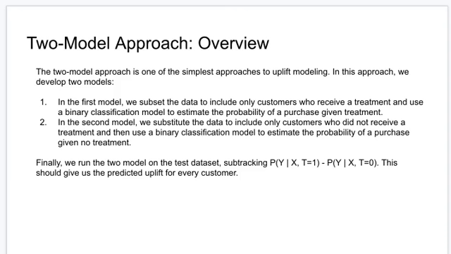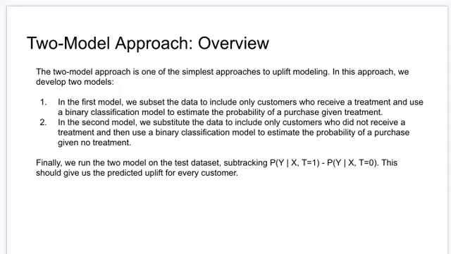As it sounds, you develop two models. In the first step, you subset your training data into the test group and the control group, and you build a model for each group to predict the likelihood of a purchase, given an ad in the test group and not given an ad in the control group.